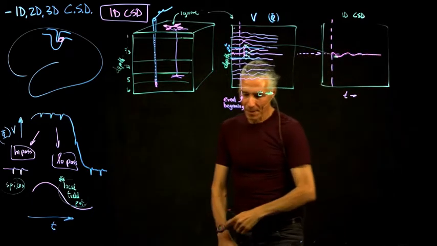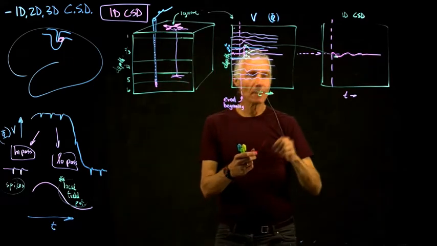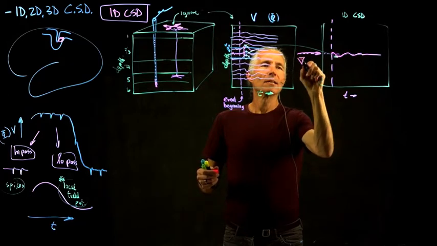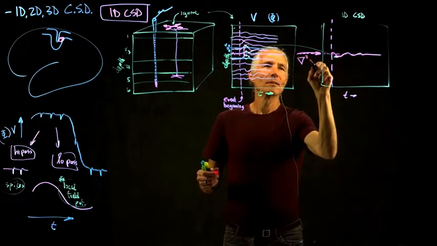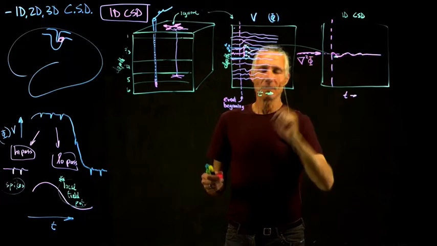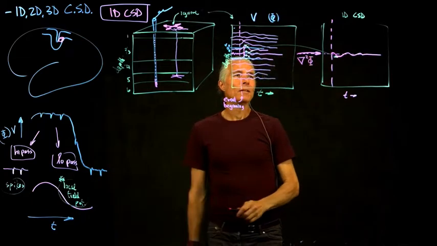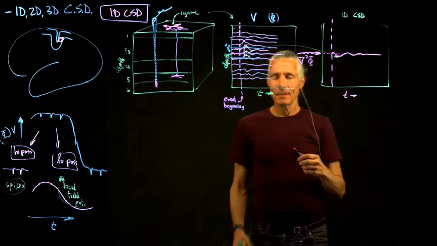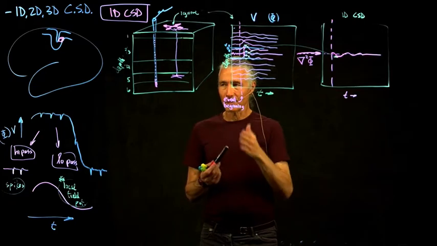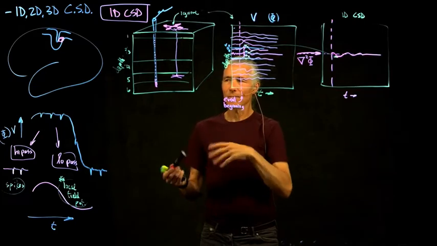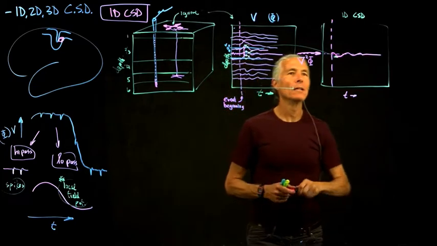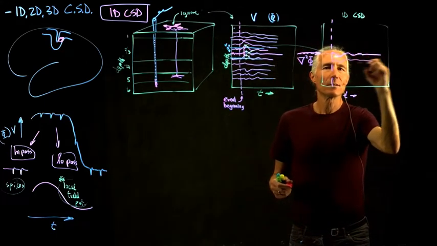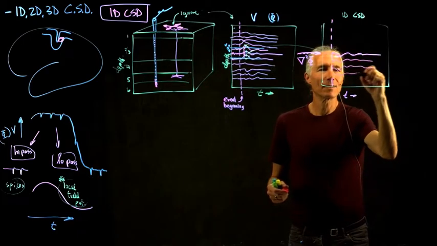Our calculation, all we did was just take the second derivative of the potential, and we get the current source density over time. But our calculation is just instantaneous. We just do it for each instant in time as if it doesn't matter what came before and after. And so then you'll get another set of curves here.